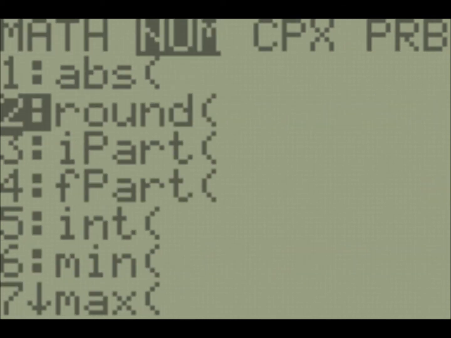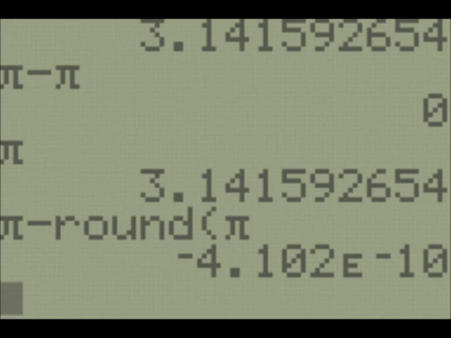But if you do pi minus the rounded version of pi, you'll see that there's actually a difference. The rounded version of pi is 4.102 times 10 to the negative 10 smaller than actual pi.